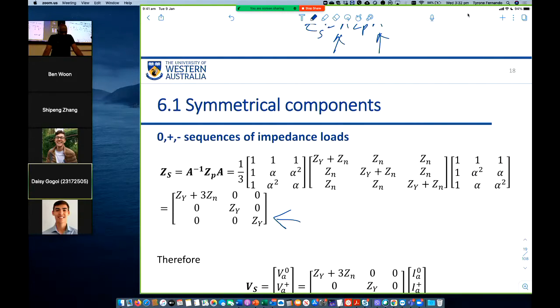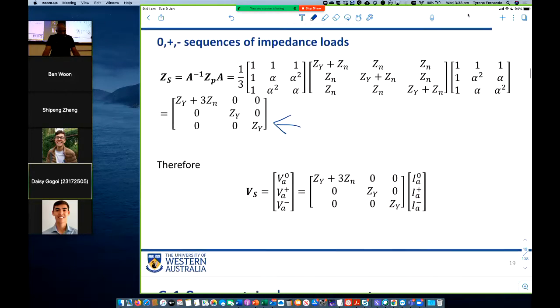Zs is the diagonal matrix if you do the multiplication. So we now have this relationship. The sequence voltages must equal this diagonal matrix multiplied by the sequence currents, right? And you can also see this matrix is diagonal, off diagonal terms are all 0.